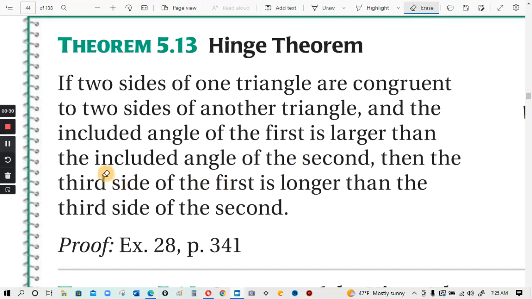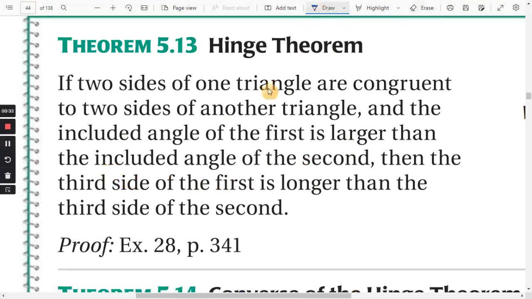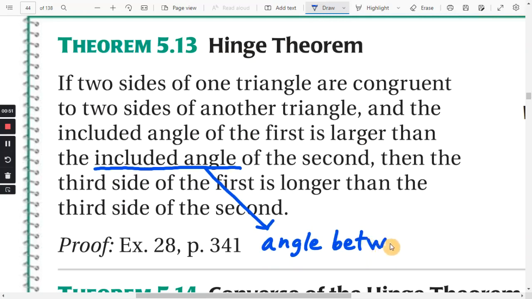So just real quick before I go to the diagram, the included angle, what that generally means is the angle between the congruent sides.